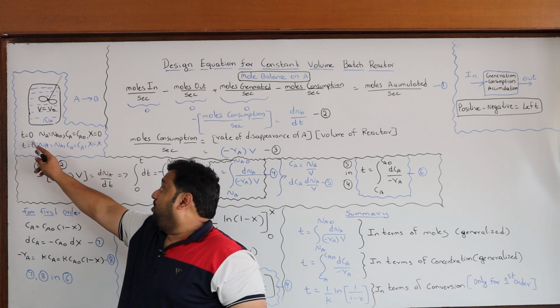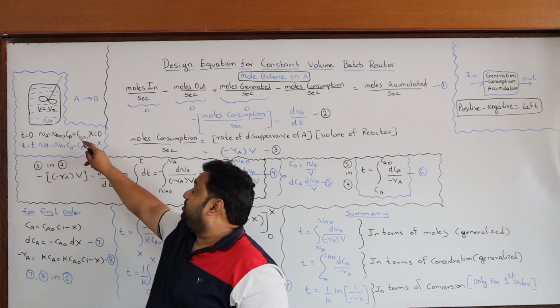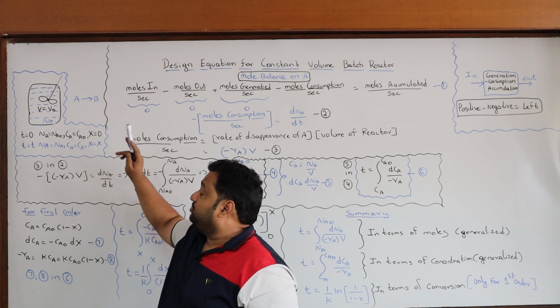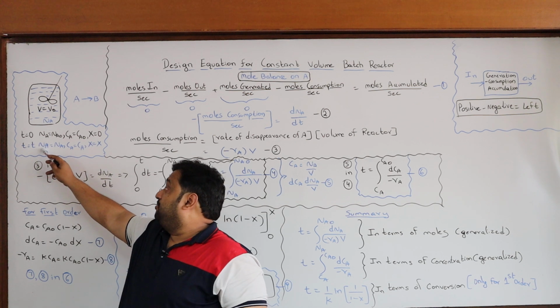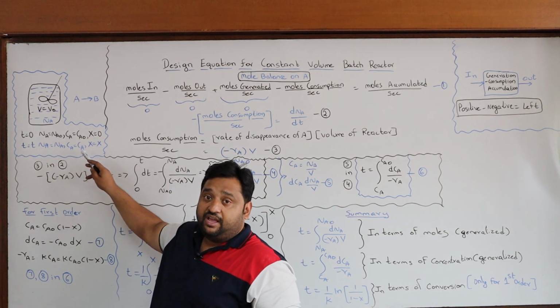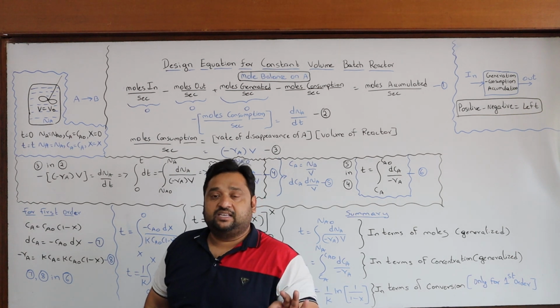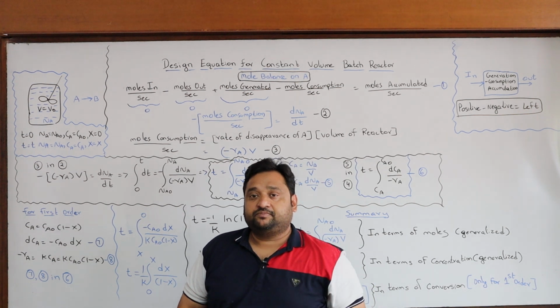So at time t equal to 0, Na equals initial moles, concentration equals initial concentration, and conversion equals 0. After a certain time t, my final moles equal Na, final concentration equals Ca, and final conversion is X. These are my initial conditions.